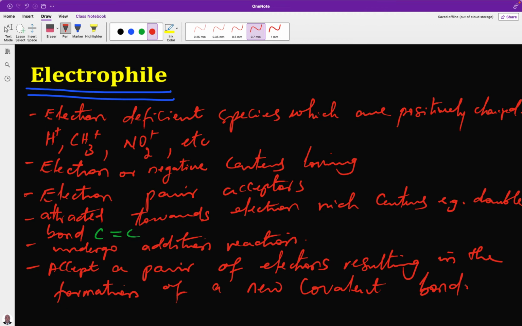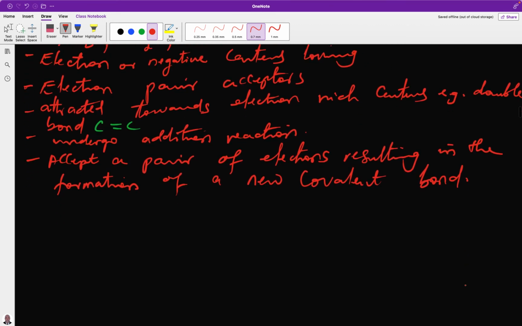They are attracted to electron rich centers, like a double bond in an alkene, where they undergo addition reactions. When they accept a pair of electrons, a new covalent bond forms. That is what an electrophile is all about.